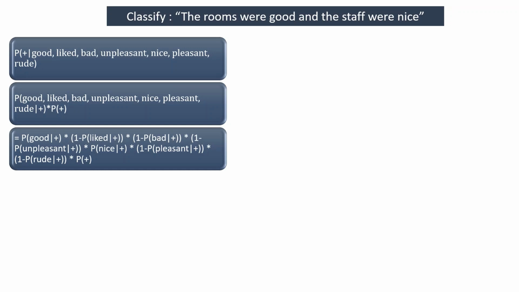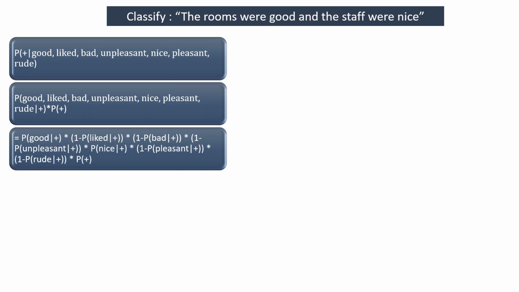Here comes the major difference between the multinomial Naive Bayes and the Bernoulli Naive Bayes. In the Bernoulli Naive Bayes, we also look at the non-occurrence of the events. If it were a multinomial Naive Bayes, we would have stopped with the probability of good given positive times the probability of nice given positive. We also take the fact that liked, bad, unpleasant, pleasant and rude have not occurred in the data that we are trying to classify.